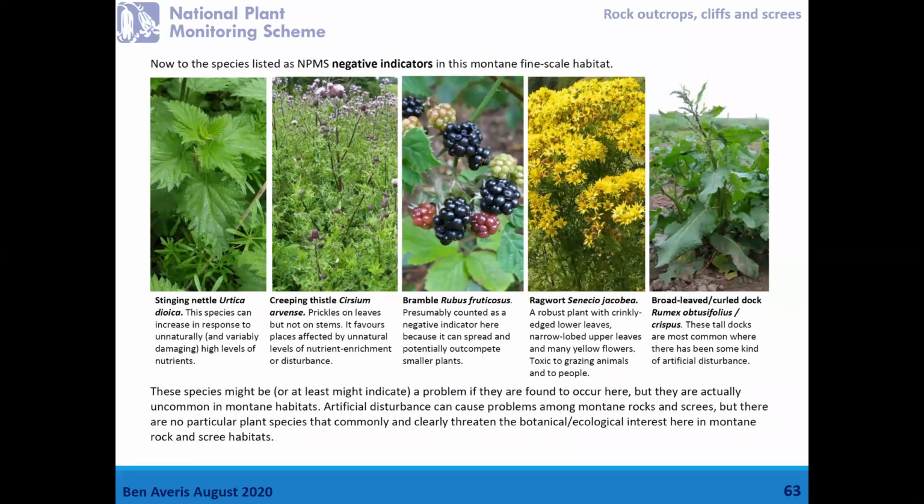We've got those 5 species on this page, but none of them are actually really that common in the truly montane zone. By the time we get into montane environments, those species are comparatively scarce. So if you did find them there, yeah, then it could suggest that there's been some kind of effect, for example, here and there you might find bits of stinging nettle.